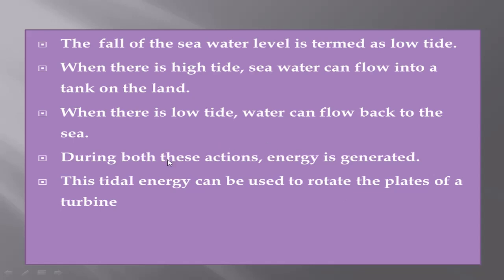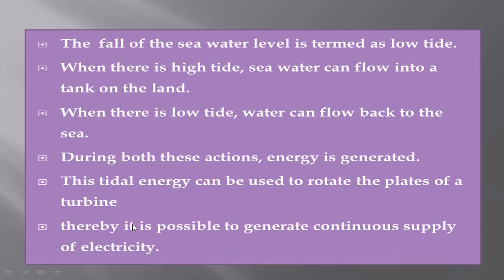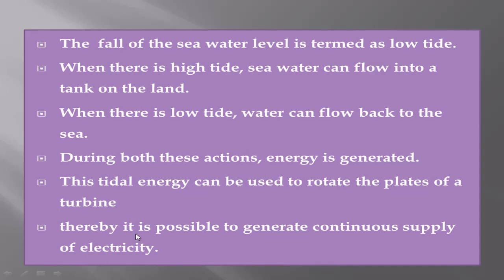During both actions, water flows through the turbine, so the turbine is rotated and energy is generated. Thereby it is possible to generate a continuous supply of electricity. If a high tide occurs or a low tide occurs, energy is generated due to the flowing of water from sea to land or from land to sea.